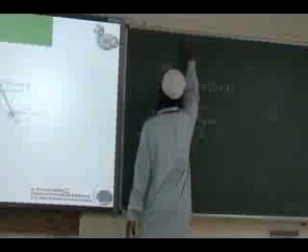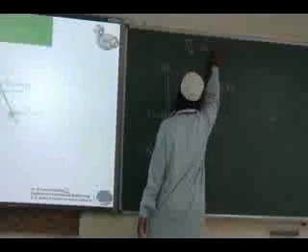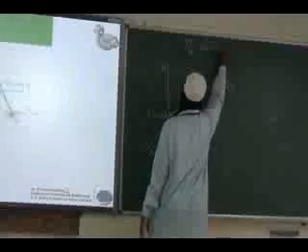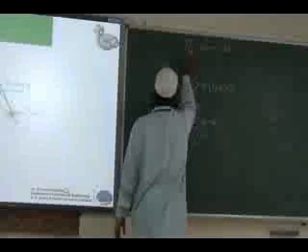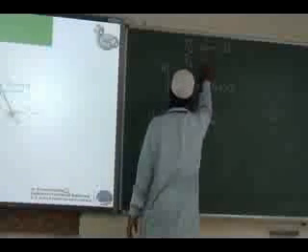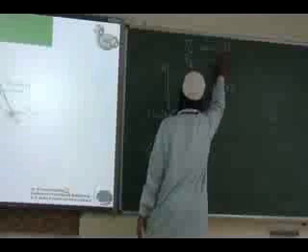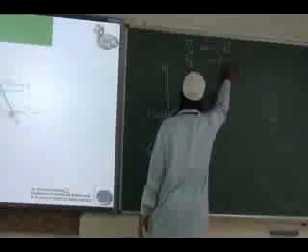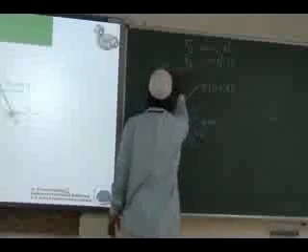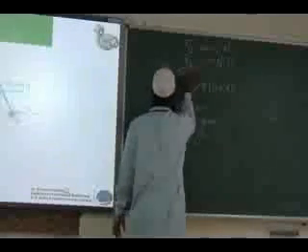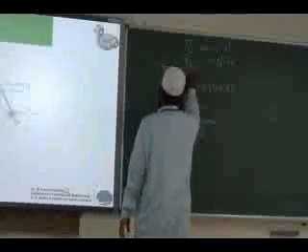Position vector for A is 0i. Position vector for B. Now RAB is RB minus RA.